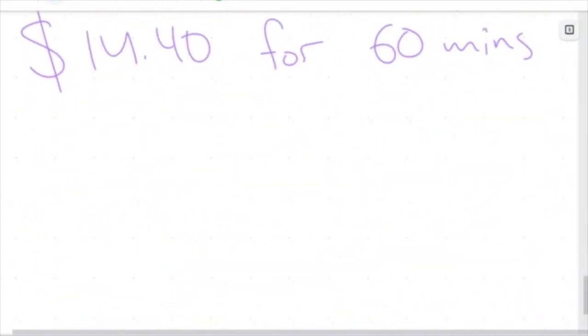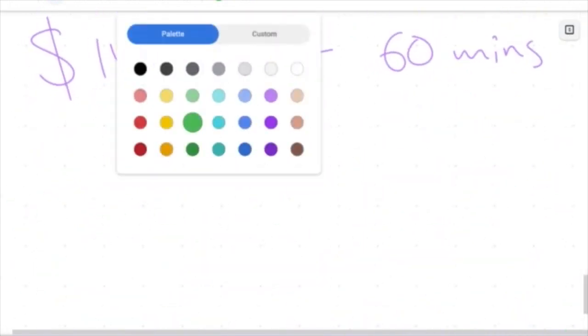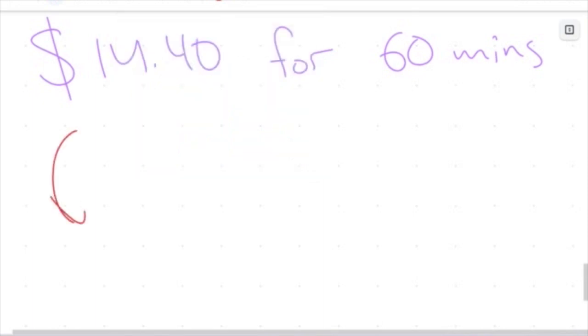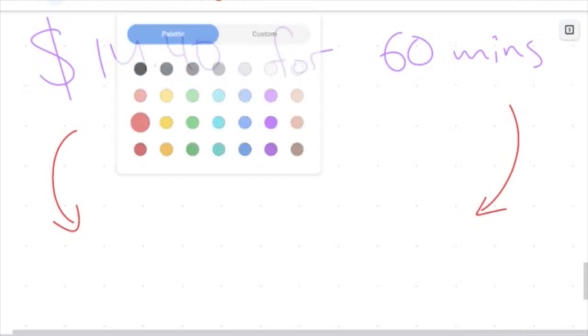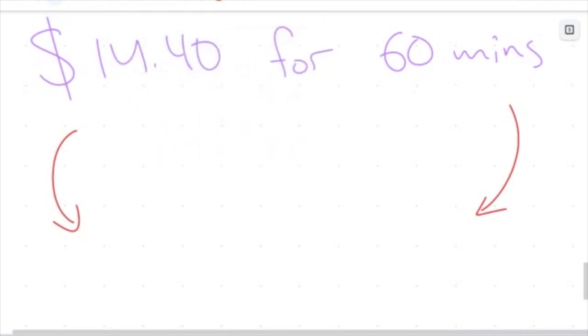So here, if I have $14.40 for 60 minutes, how much will that be for 1 minute? Well, I can get from 60 minutes to 1 minute by dividing by 60. And I'm going to do that to both parts of my rate, right? These change together.